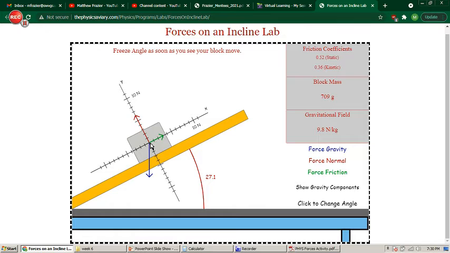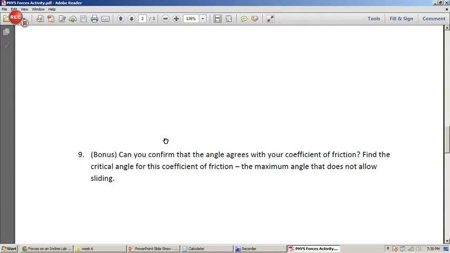The friction force will be about 3 newtons, and the normal force will be about 6 newtons. And that is about 0.5. So it's pretty good. All right. 0.5 times 6 newtons is about 3 newtons. So it's pretty accurate in that sense.